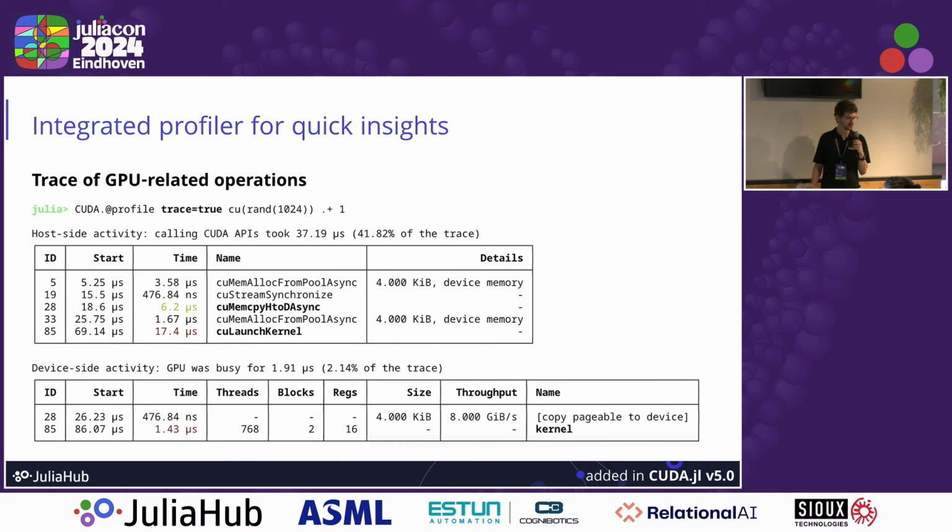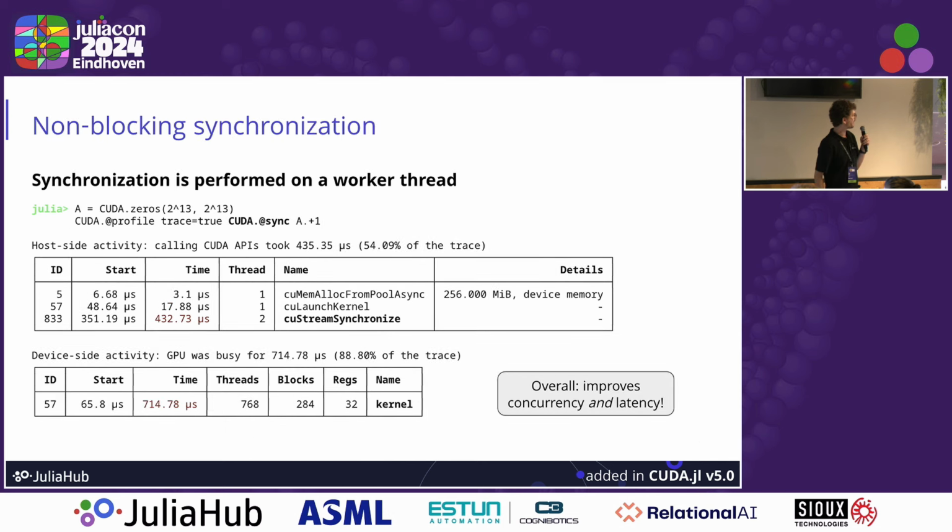And I'll use it to give some insights on one of the other noteworthy improvements to CUDA.jl over the last year. Namely that calling the synchronize function, which is something that you often do or happens often behind the scenes, makes the CPU wait for the GPU to finish computing.